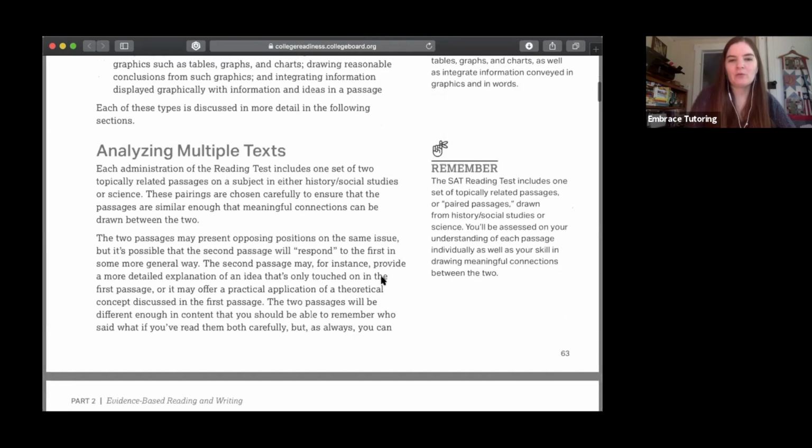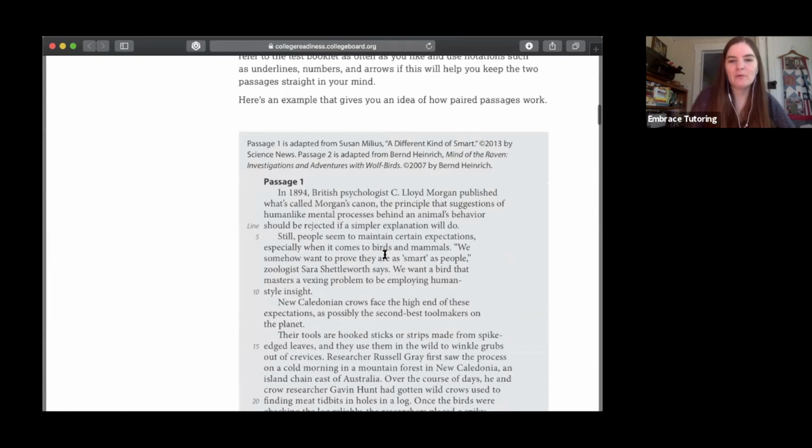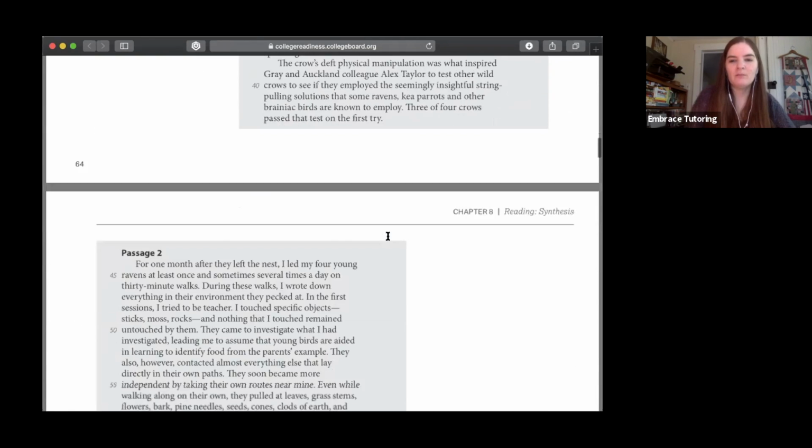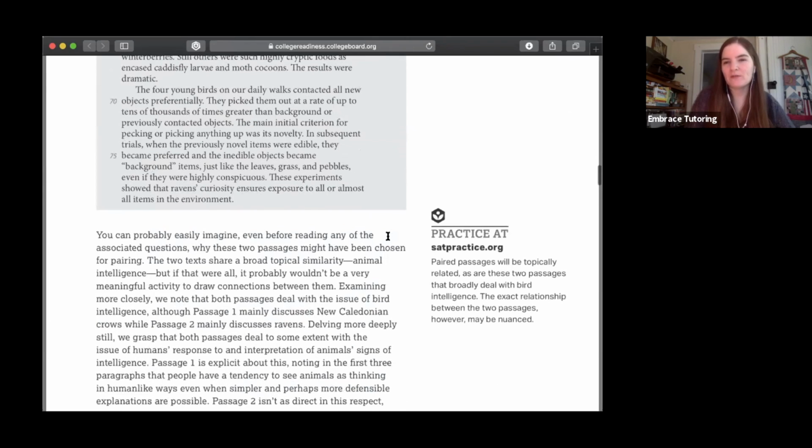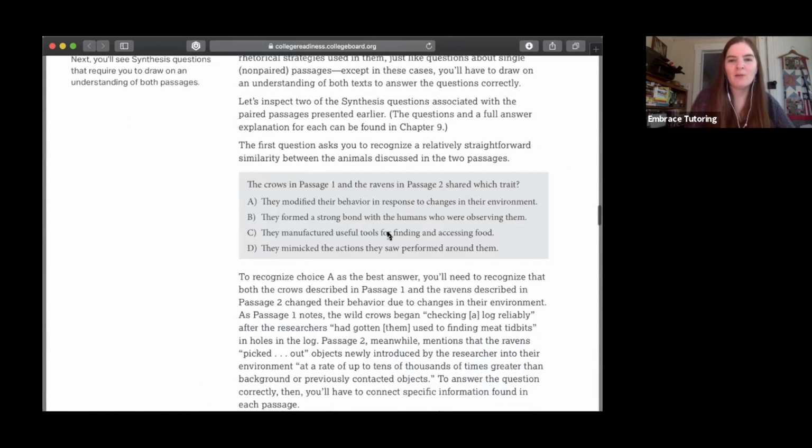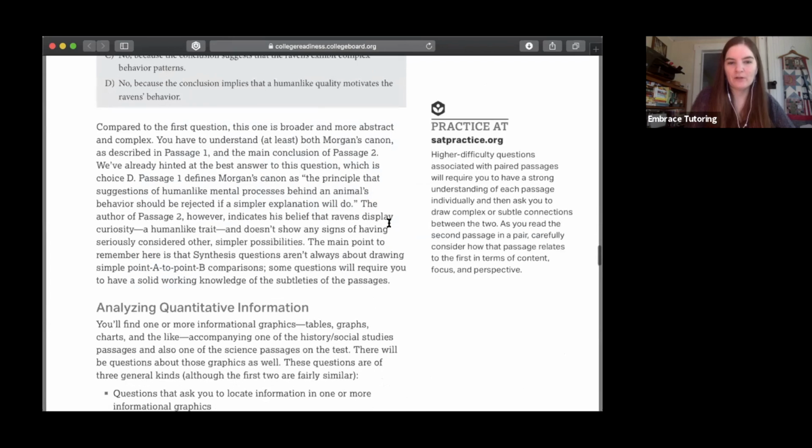They do go more in depth on what they feel each of those main types of synthesis questions are. I'm not going to go through that because everyone should have read through that already.